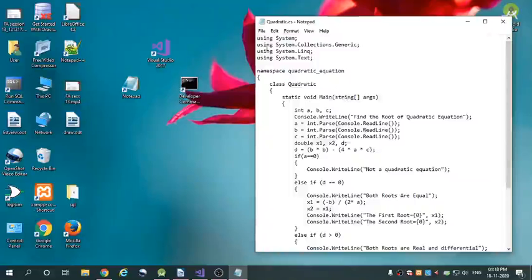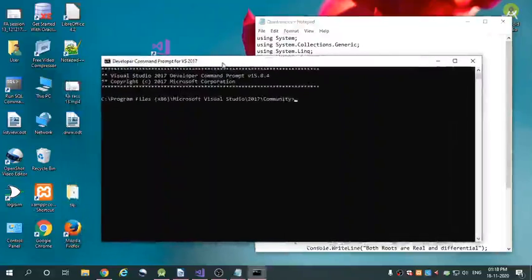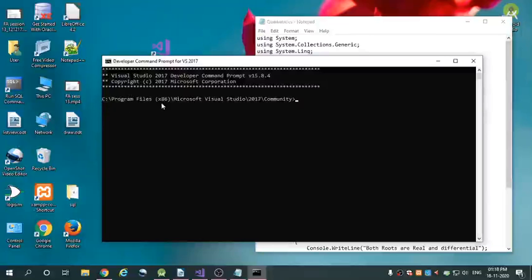The file is saved now. Now we go for the execution. For that you have to open the developer command prompt. You see here we are in C drive and our file is in D drive, so you have to type D: and give the folder location, cd C# program, and enter.